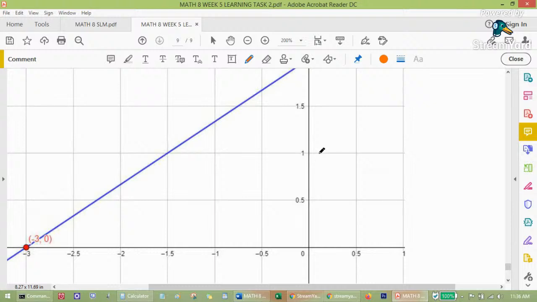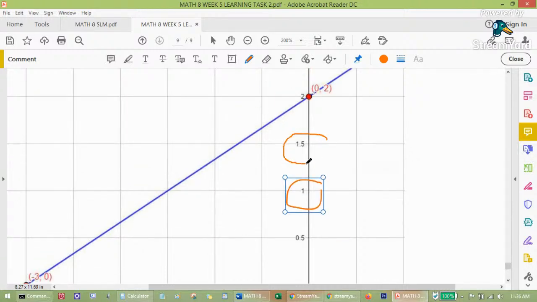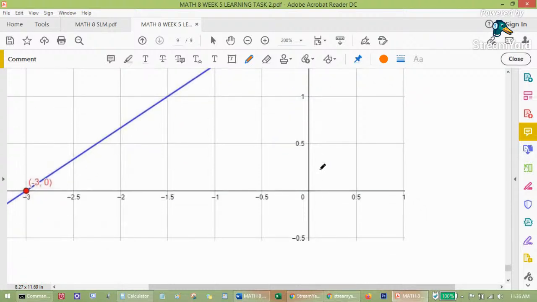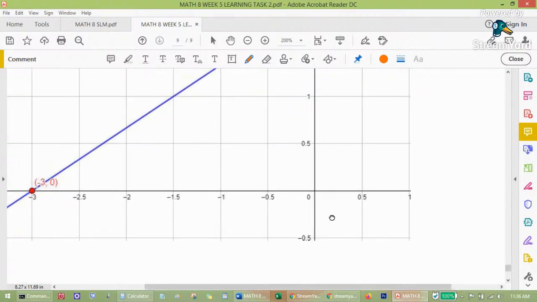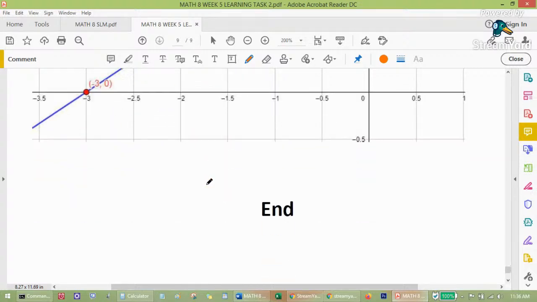And then pag akyat ulit natin is 1 plus 0.5 is 1.5 and 2. So, ang hatian dito is by 0.5. Ganun din dito sa negative side ng x-axis, negative 0.5, negative 1, negative 1.5, negative 2.